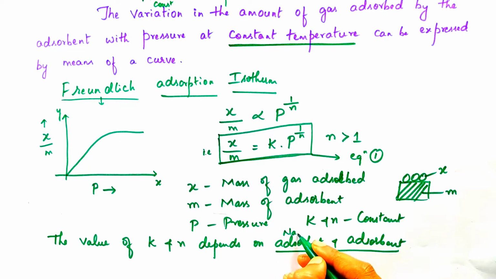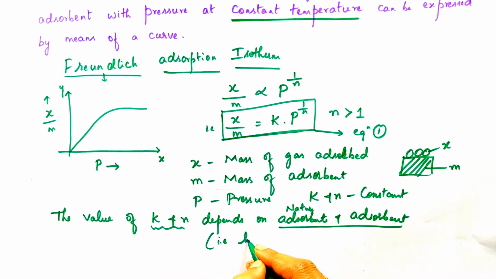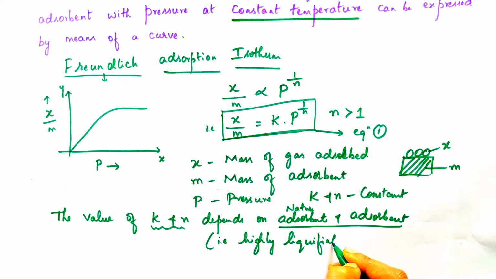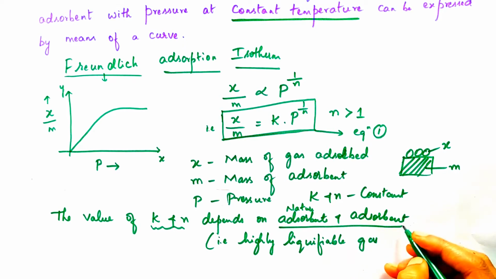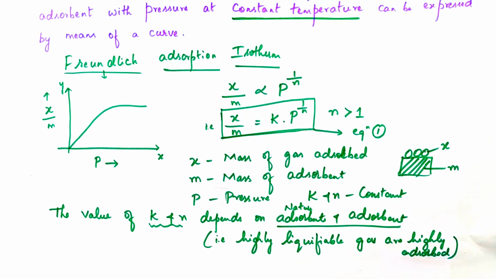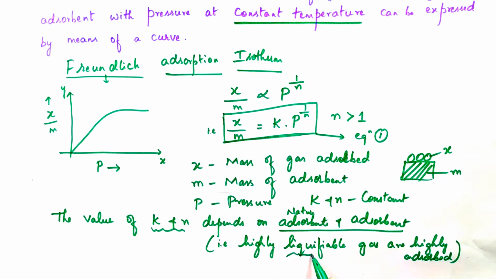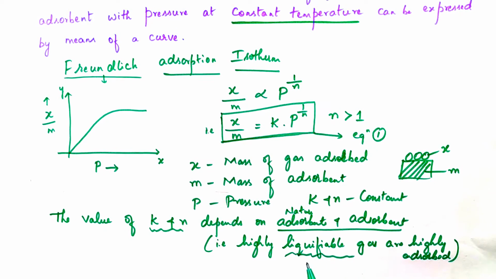That means highly liquefiable gases are highly adsorbed. To know more about liquefiable gases, watch my previous video about the characteristics of physisorption. You get the link in the description box.